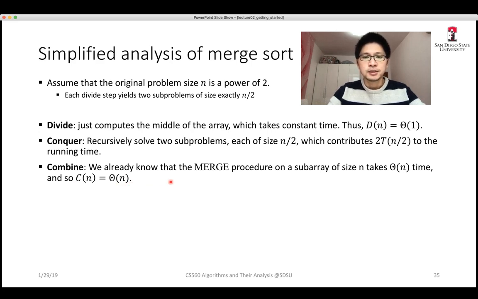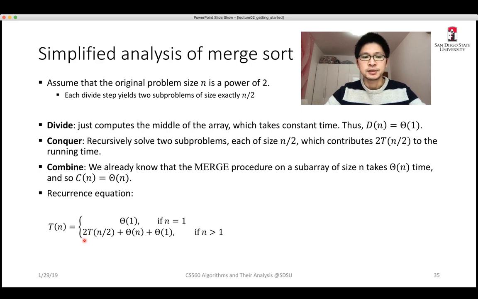Okay. Having these available, then we can write the recurrence equation for merge sort like this. We just replace A and B and C and D by the theta notations here. So as you notice, theta of 1 is a lower term compared to theta of n.